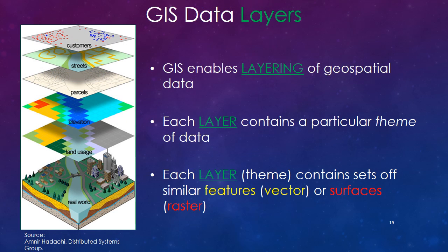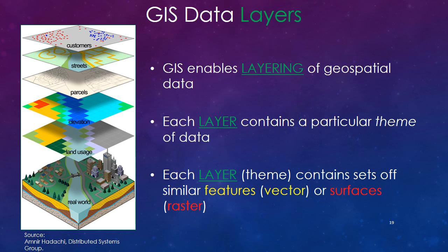That brings us to our final slide in this module regarding GIS data layers, or layering. When imported into a GIS software environment, both vector and raster datasets can be referred to as layers. Each vector or raster layer contains a related set of objects or a particular theme of data.